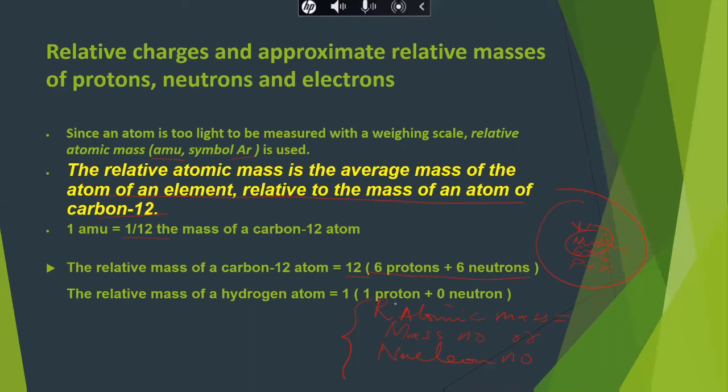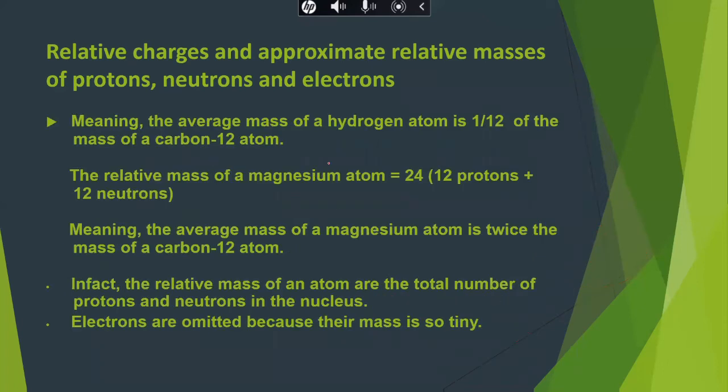The relative mass of hydrogen is 1, meaning 1 proton and 0 neutrons. Meaning the average mass of a hydrogen atom is 1/12 of the mass of a carbon-12 atom, because we are comparing the mass of hydrogen with carbon-12.